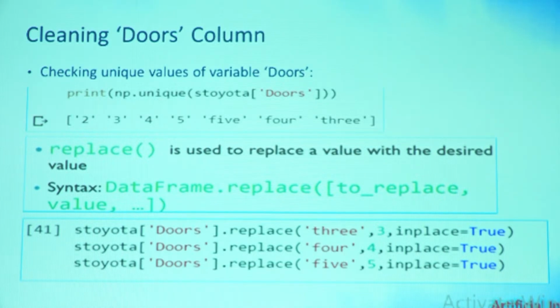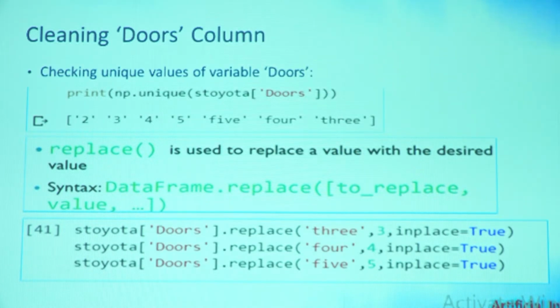Those who have replaced, check the info of your data frame now. Is it still showing object? Yes. So what should be your next step? Convert the type of this particular column. Make it int. Automatically it will not do it for you because you are replacing something forcibly there, so you have to typecast it on your own. Okay?